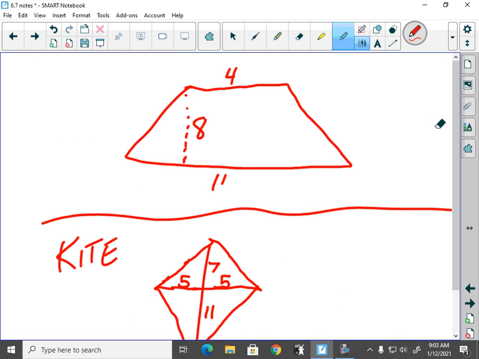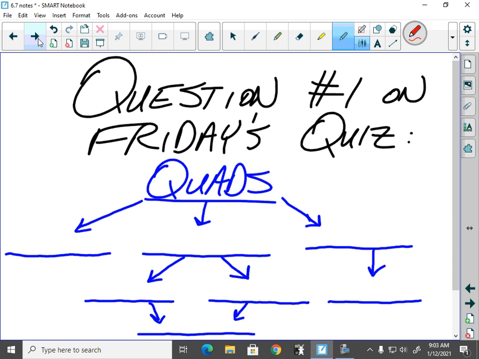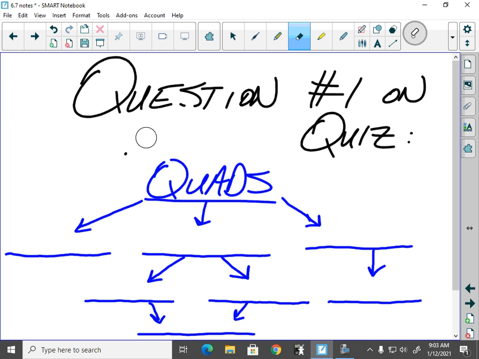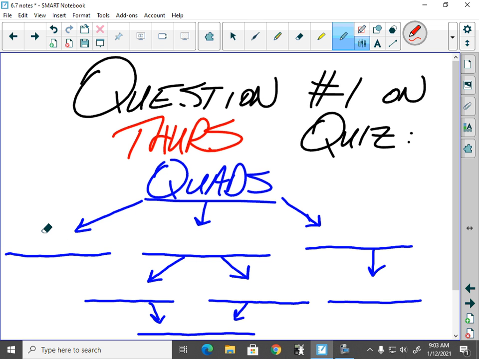We already did those. Question number 1 on Friday's quiz. I guess I should change that to Thursday's quiz. You should have that in your notes from yesterday. What was it? Kite, parallelogram, trapezoid, isosceles trapezoid, rectangle, rhombus, square.